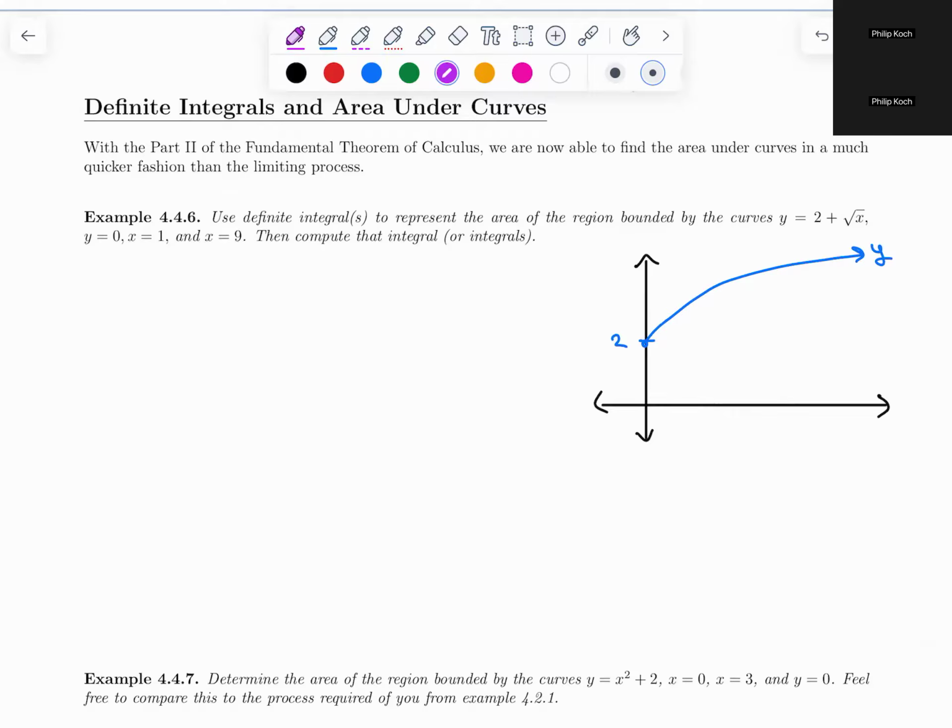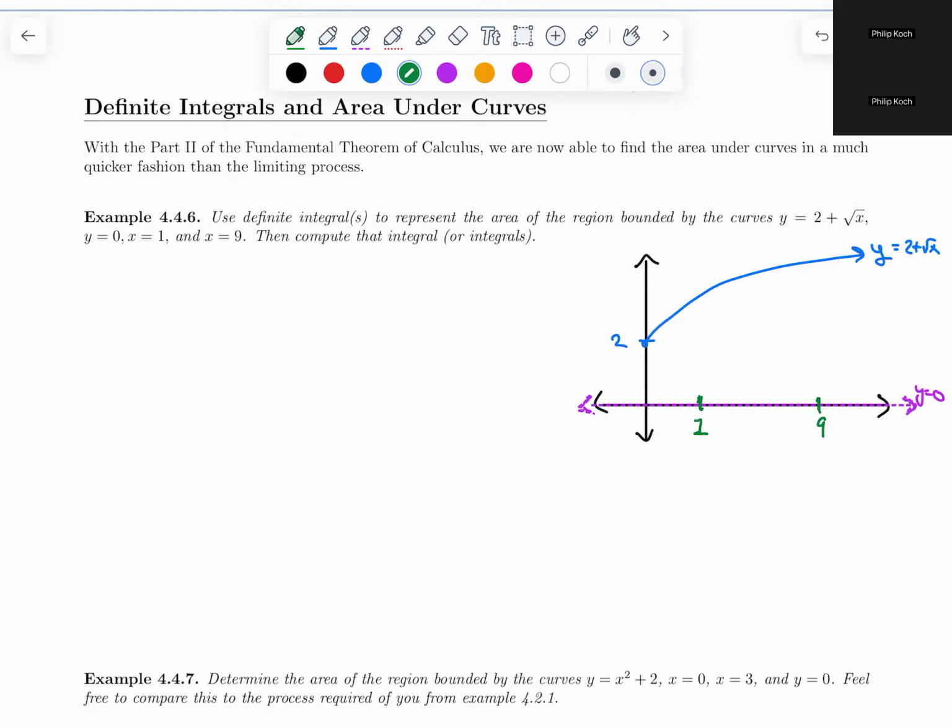I also say it's bounded by the curve y equals 0. Y equals 0 is this curve. This is y equals 2 plus square root x. And then it says x equals 1 and x equals 9. Those are vertical lines, one at 1, one at 9. Here is 1.